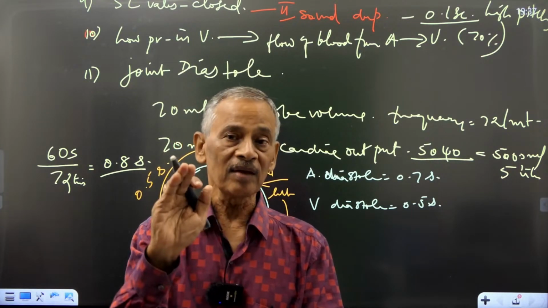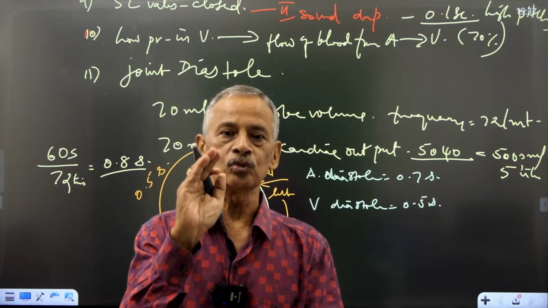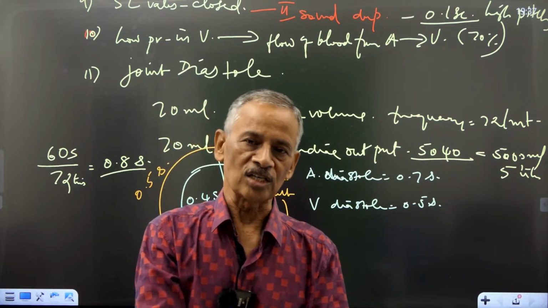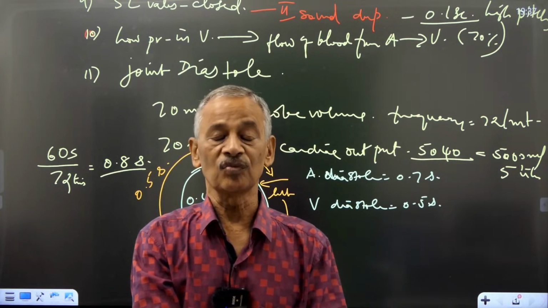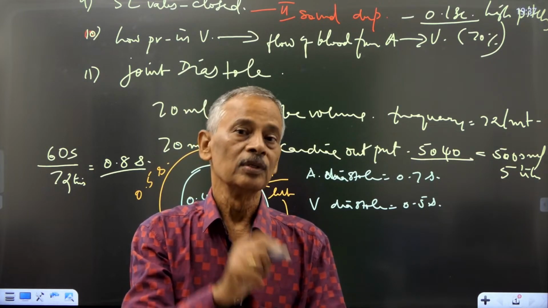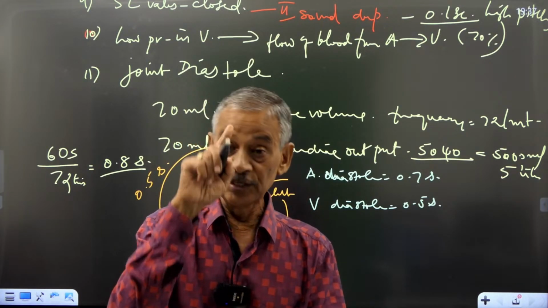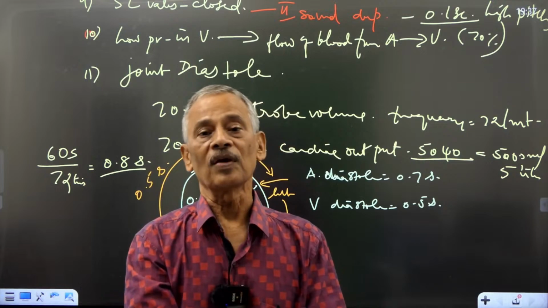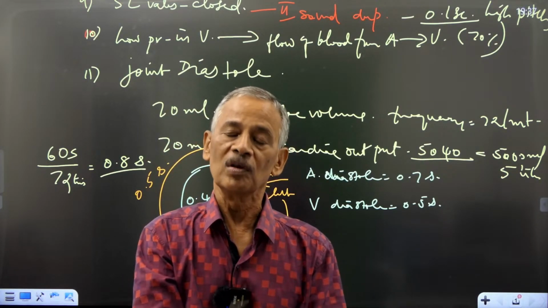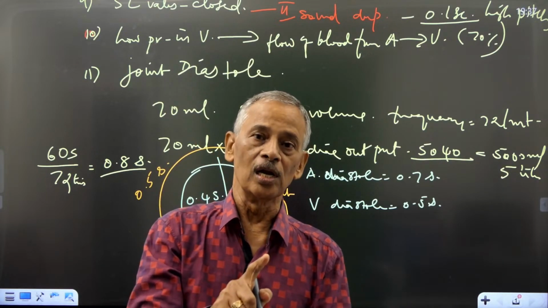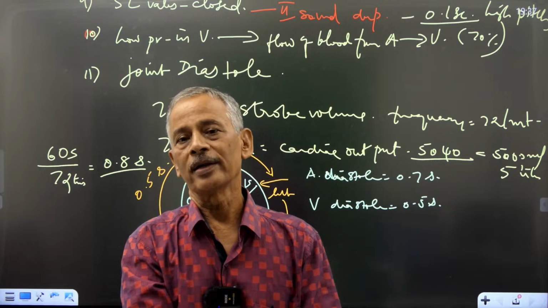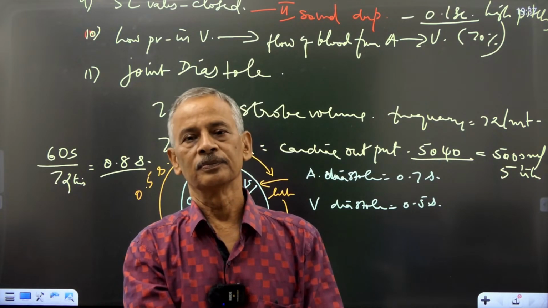And on an average, 72 times our heart is contracting per minute. That is the frequency. So, in 1 minute, 72 times. In each time, 70 ml. So, average 5 liters of blood will be pumped from each ventricle to the respective arteries, which is called cardiac output.